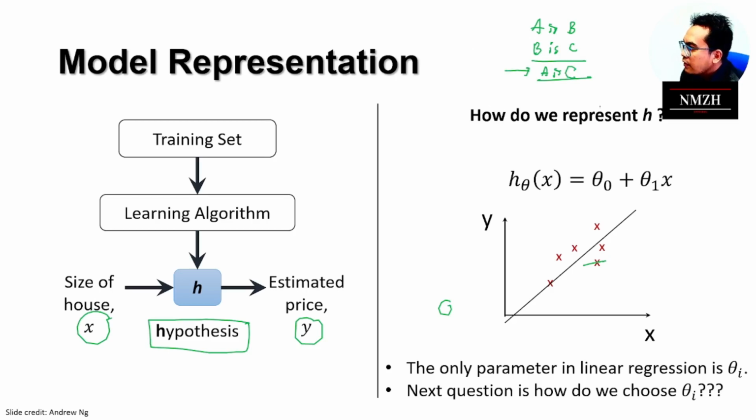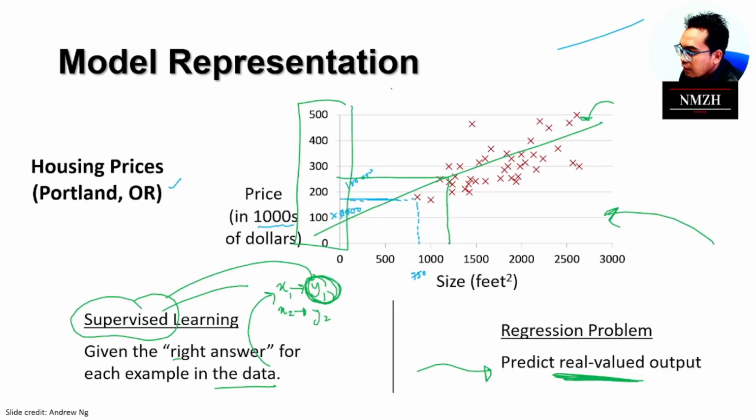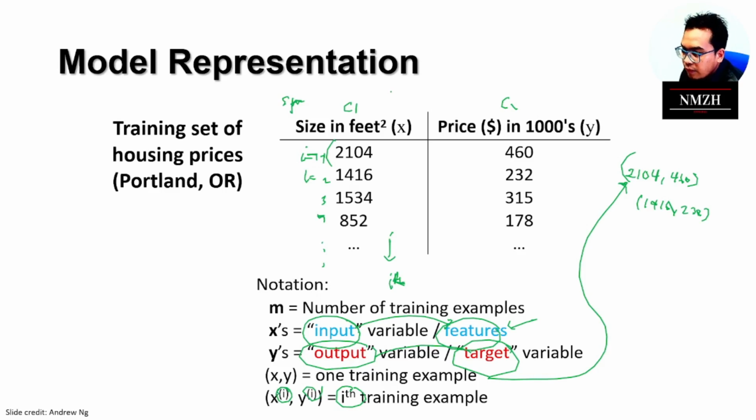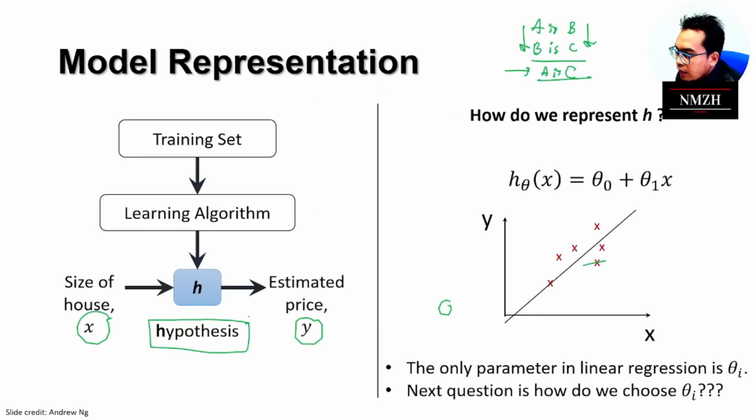In order to get this hypothesis, basically we need to have some data, from the top to the bottom. So we require training data, the same as what we discussed earlier with 2104 and so on and so forth, right? So this hypothesis basically reflects the h function. That's the reason why I explained the h function in the early part of the presentation.